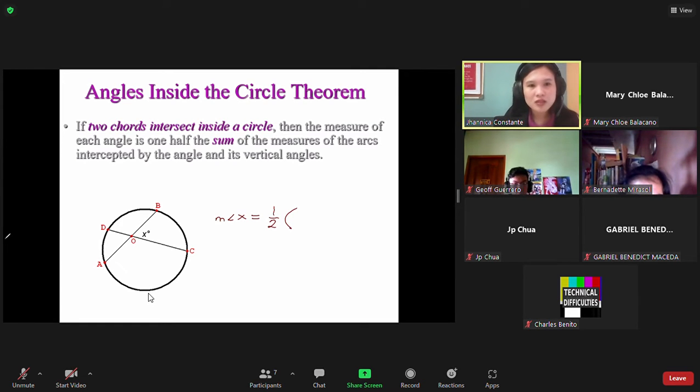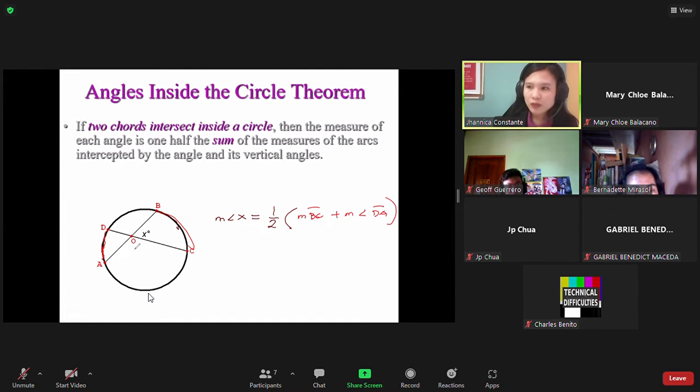The two intercepted arcs are arc BC and the vertical arc, which is arc DA. So the measurement of arc BC plus the measurement of arc DA. That is what we're going to use to find the measurement of our angle X.